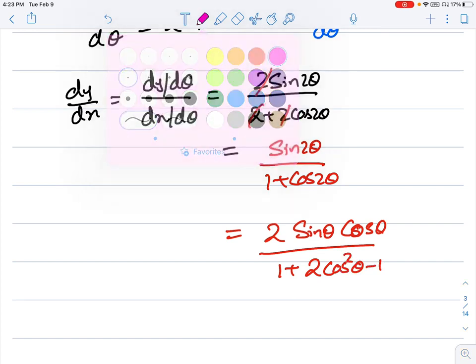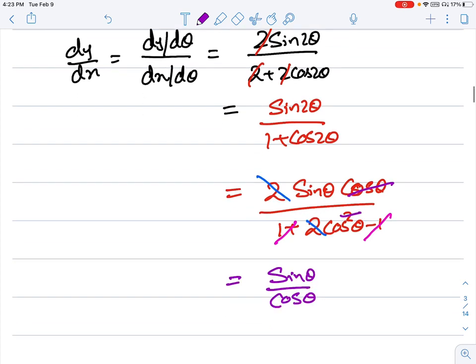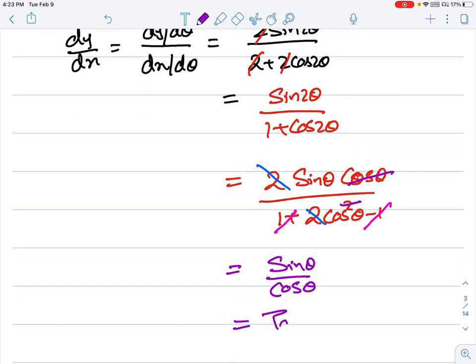So from there, the 2 and 2 cancel, and one cos theta cancels, and I'm left with sine theta upon cos theta. So that becomes tan theta. Very simple. I've used color coding, so you can see which terms are cancelled with the similar colors.